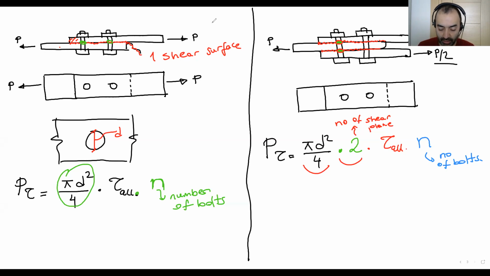Now, there is one more effect on the bolted connection, which is bearing, the bearing effect. P sigma L. We are going to calculate that.